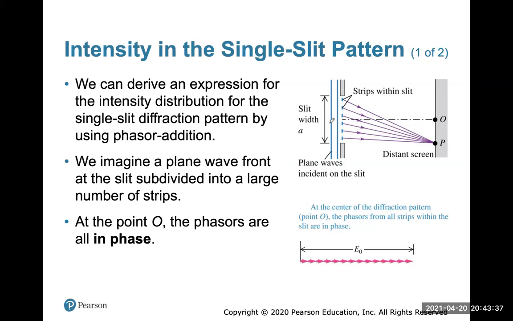If we include a little bit of path difference, we include a little bit of phase difference. So each Huygens wavelet will have associated with it a slight extra phase shift relative to the previous one.